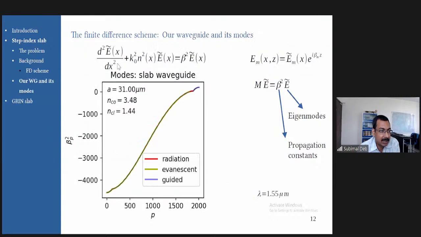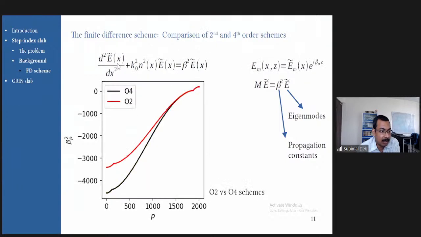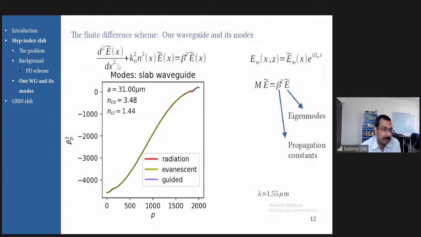I'm just shifting the slides back and forth so that you can compare the region where both the schemes agree. So one can use the fourth or the second order scheme, whichever one is convenient, but we have used the fourth order scheme throughout.